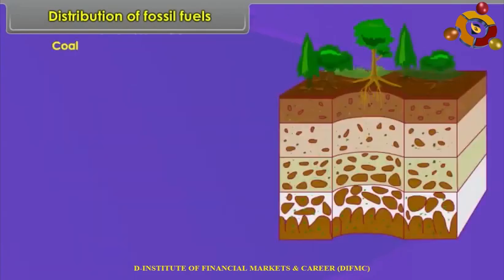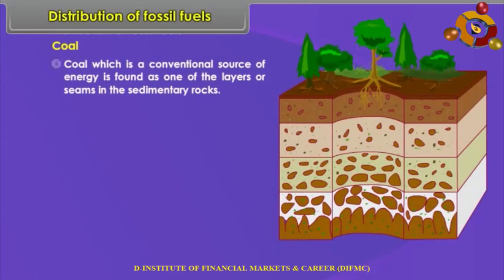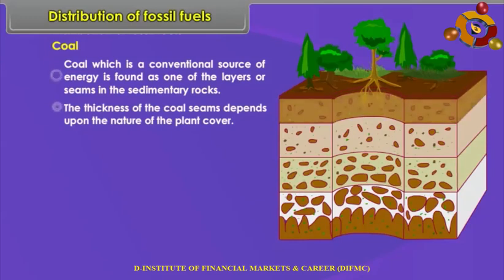Coal. Coal, which is a conventional source of energy, is found as one of the layers or seams in the sedimentary rocks. The thickness of the coal seams depends upon the nature of the plant cover.